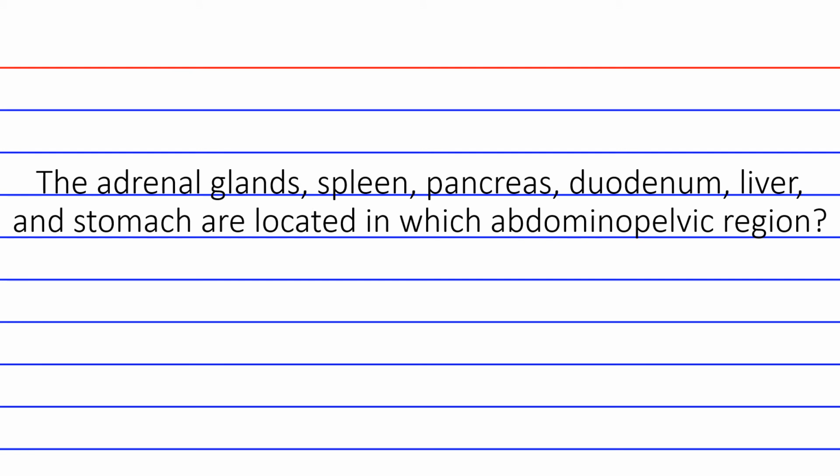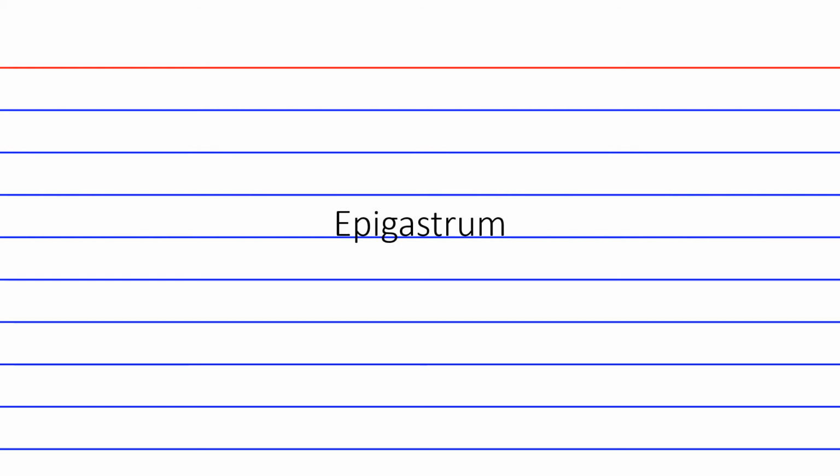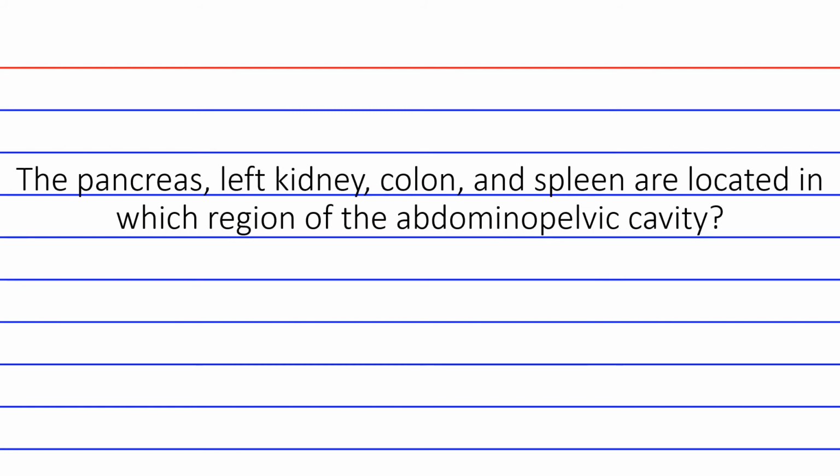The adrenal glands, the spleen, the pancreas, the duodenum, liver, and the stomach are located in which abdominopelvic region? The answer is the epigastrium, or the epigastric region. The pancreas, the left kidney, the colon, and spleen are located in which region of the abdominopelvic cavity?